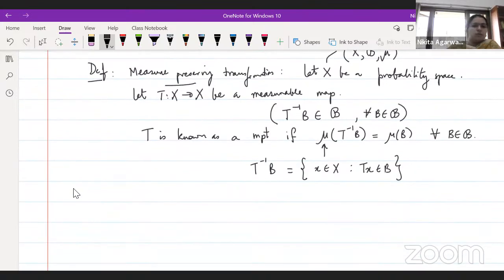So with this definition, let me state the Poincaré recurrence theorem.